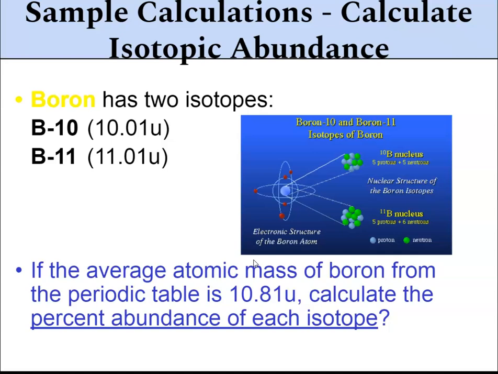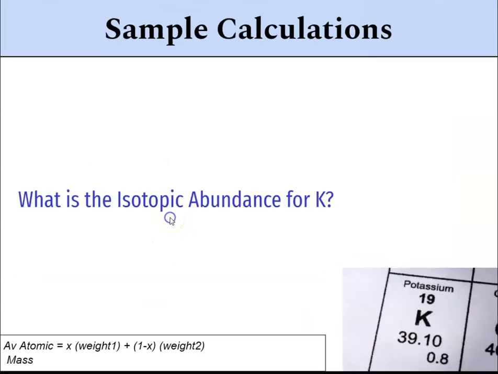We could also look at boron. Boron has 2 isotopes, and you could be given a question like, if the average atomic mass of boron is this, calculate the percentage abundance. In this case, you'd have to work your way back following the same ratio, where you're not getting the average atomic mass, rather you're getting the percent abundance.